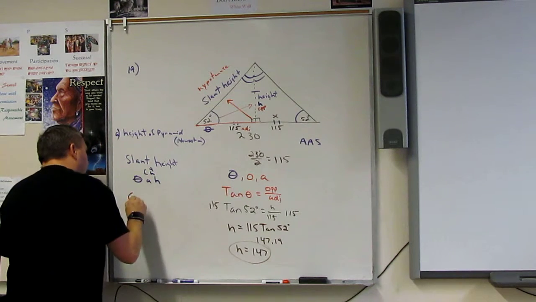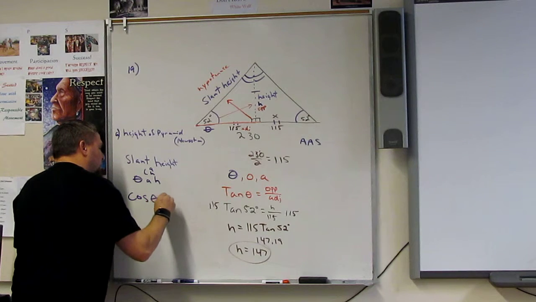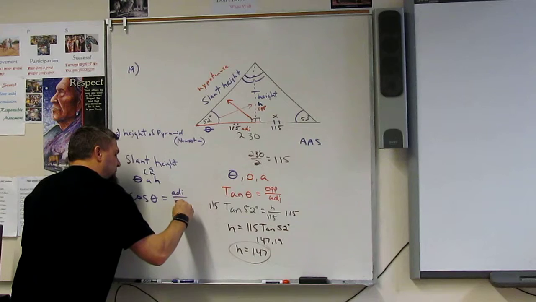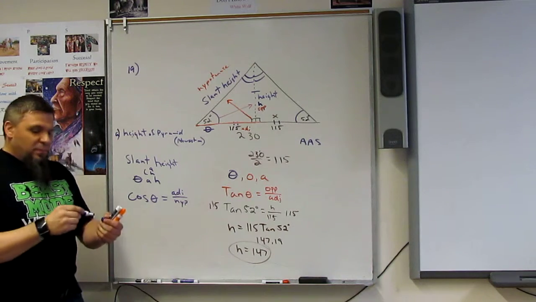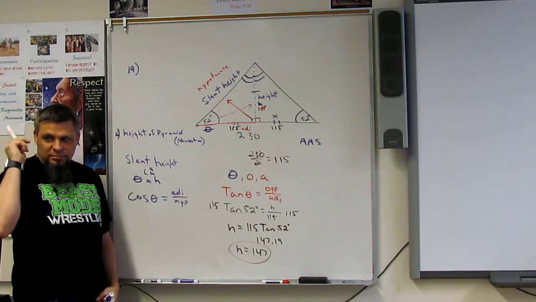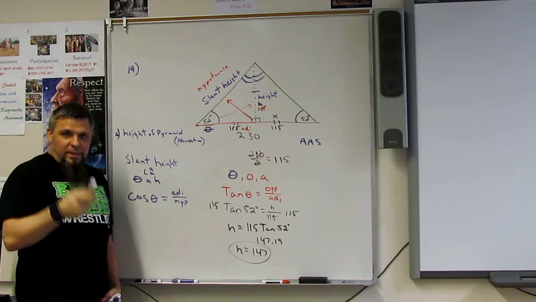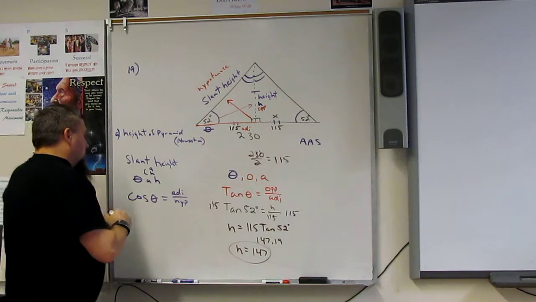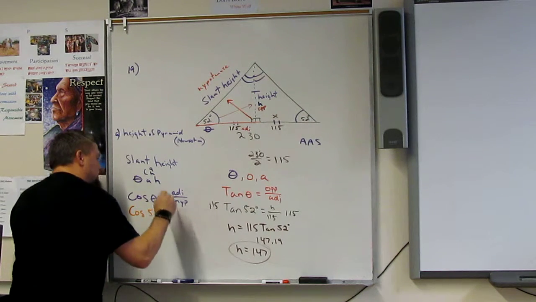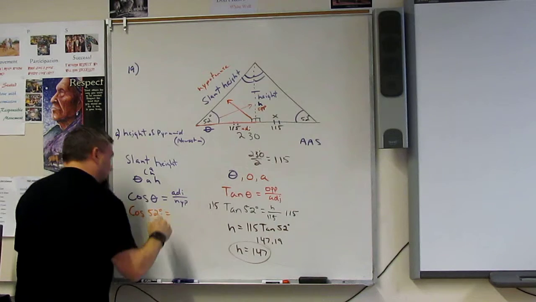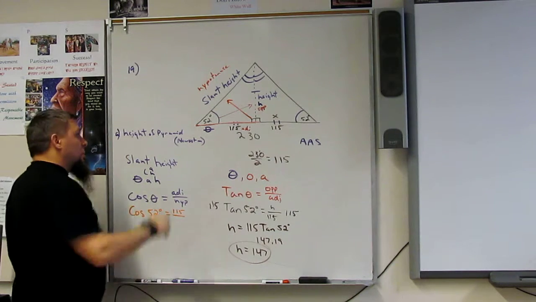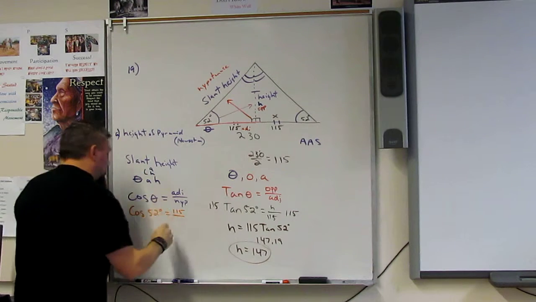So I'm going to use cosine theta is equal to the adjacent over the hypotenuse. Now this one's a little bit more funky. Cosine of 52 degrees is equal to the adjacent, which is 115, over the hypotenuse, which we don't know.